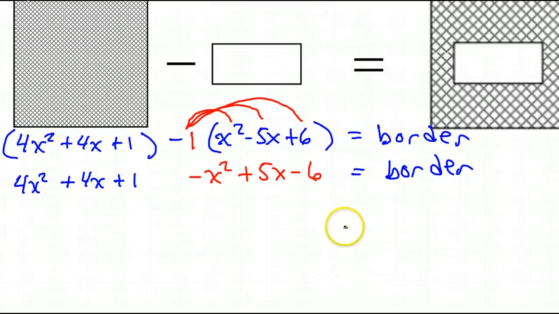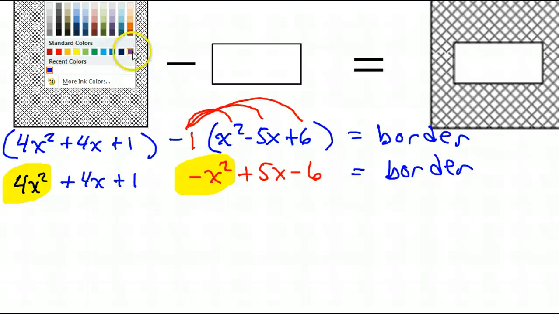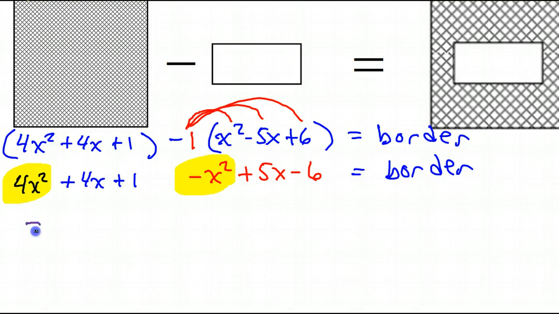The rest is just a matter of combining like terms, right? So I've got my 4x squared and my minus 1x squared. So that should be 3x squared. Next, I have my 4x and my 5x.